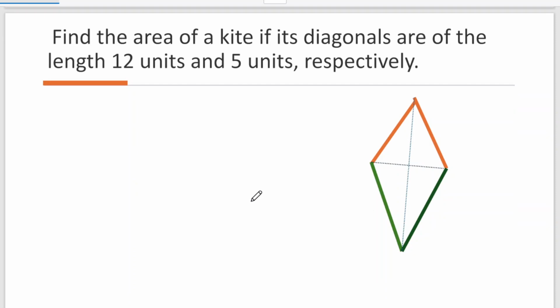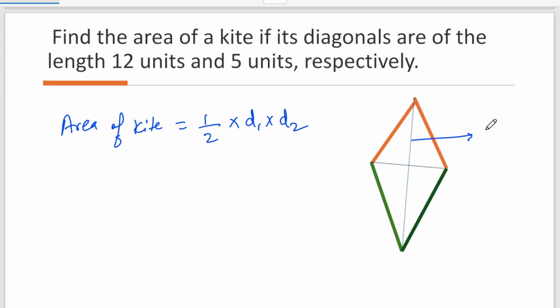Find the area of a kite if its diagonals are of length 12 units and 5 units respectively. So, area of kite equals half into d1 into d2. So, d1 is given as 12 units and d2 is given as 5 units.